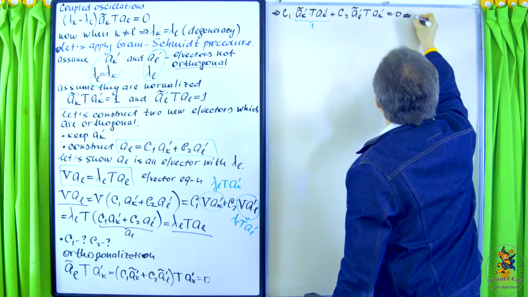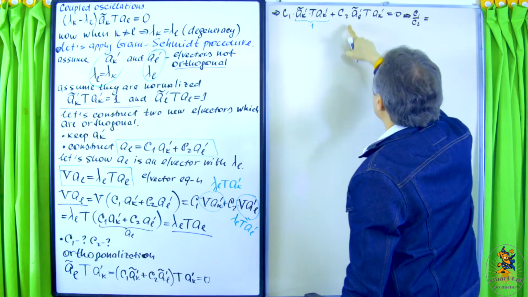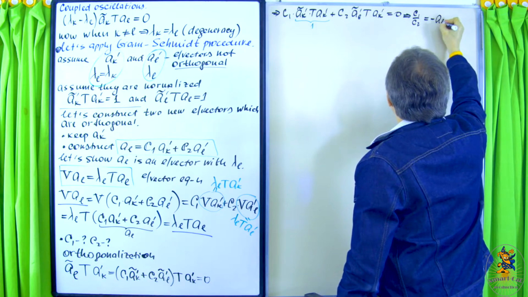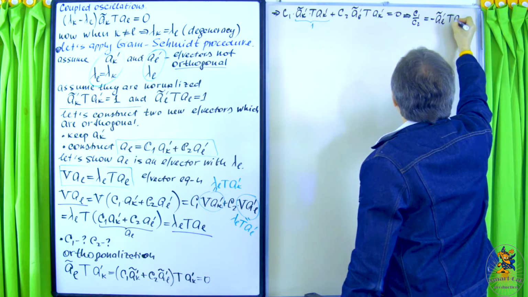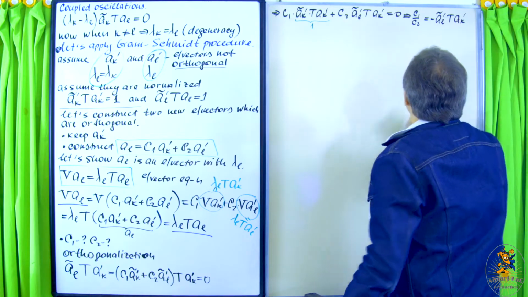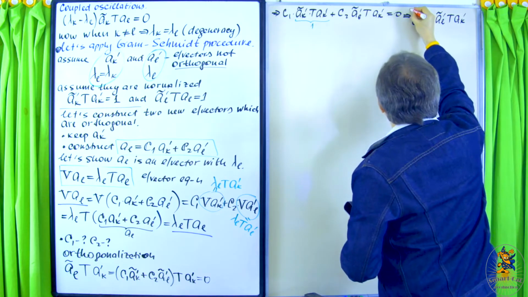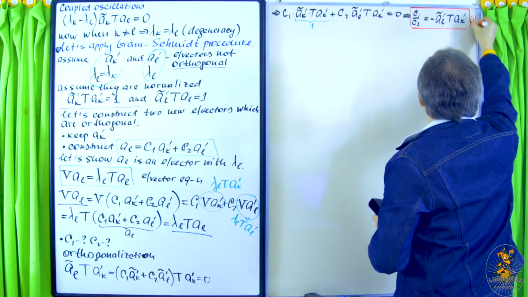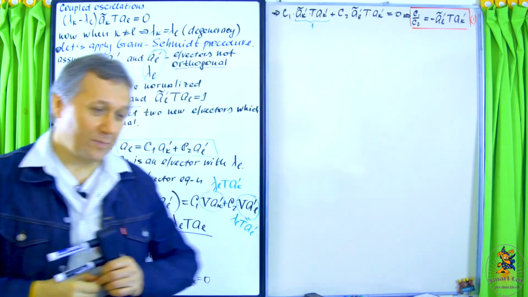C1 over C2 equals minus A sub L prime transposed, T, A sub K prime. So that's equation number 1. Again, equations for C1 and C2.